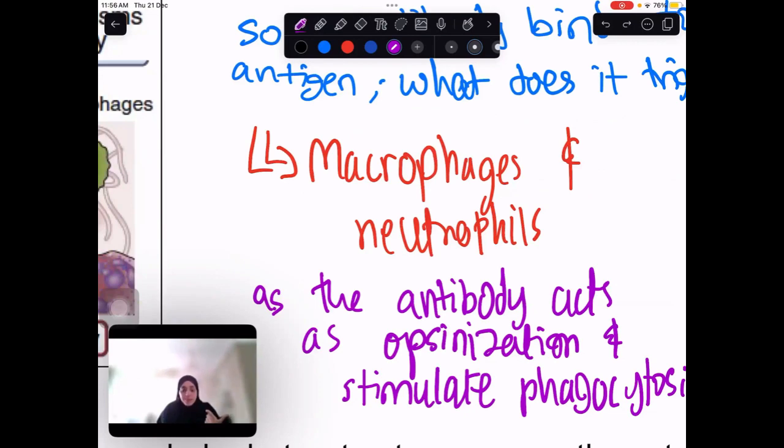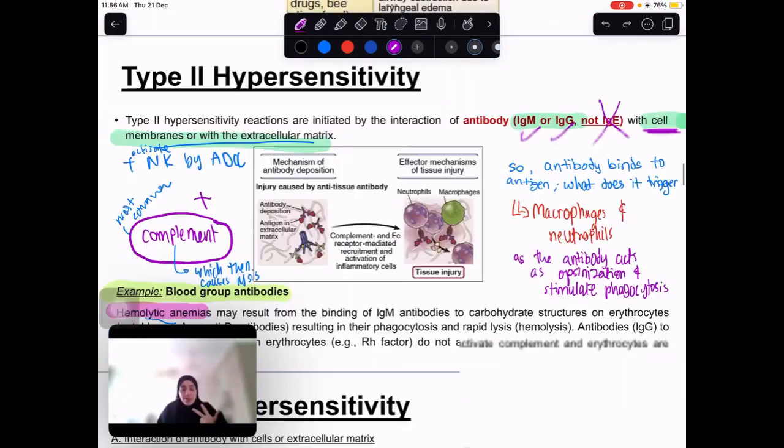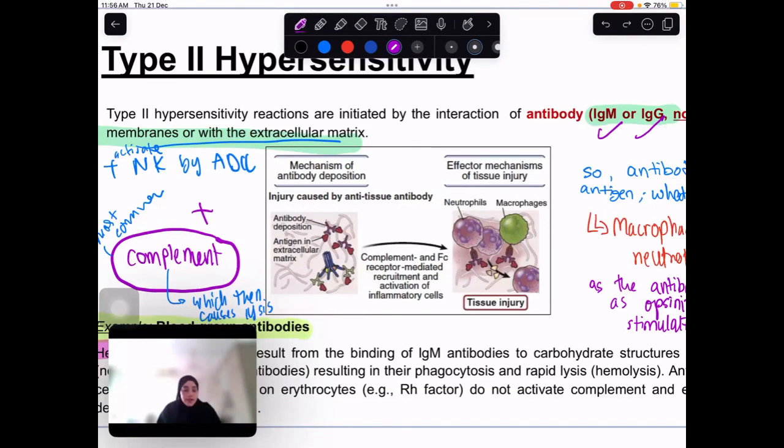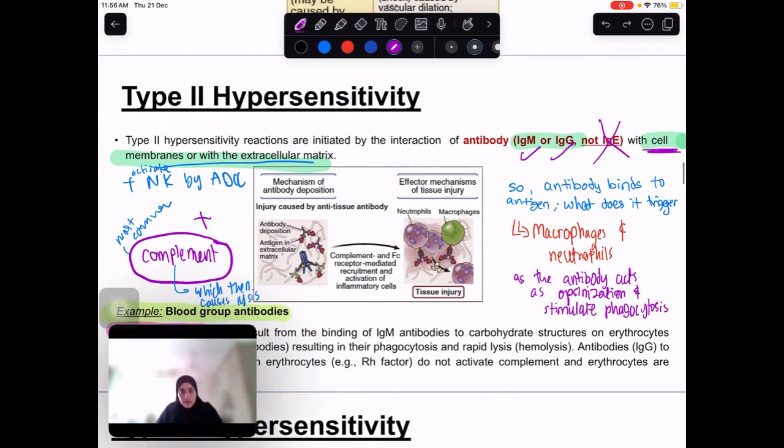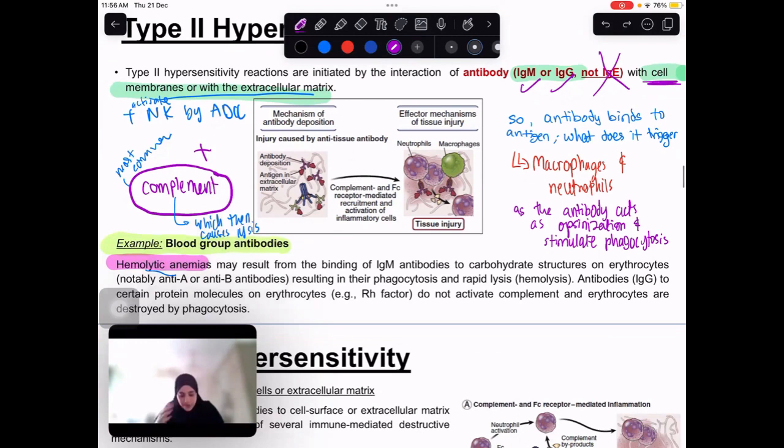And another thing the antibodies will do is activate the natural killer cells by ADCC, antibody-dependent cell-mediated cytotoxicity. So the antibody, as you can see, is not necessarily doing the action, but it's activating many different pathways to do the action of getting rid of the allergen, through the neutrophils, the macrophages, and the natural killer cells. The complement is also activating more and more.